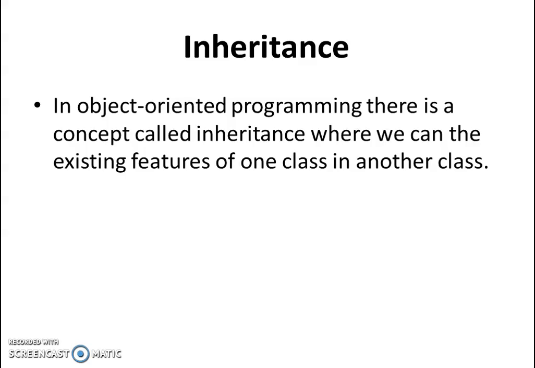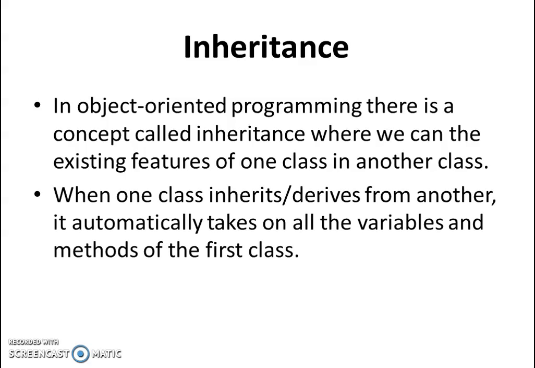When we talk about existing features, we mean the variables and methods one particular class is holding, and when one class inherits or derives from another, it automatically takes all the variables and methods of the first class. It means a class can take all the variables and methods of another class.